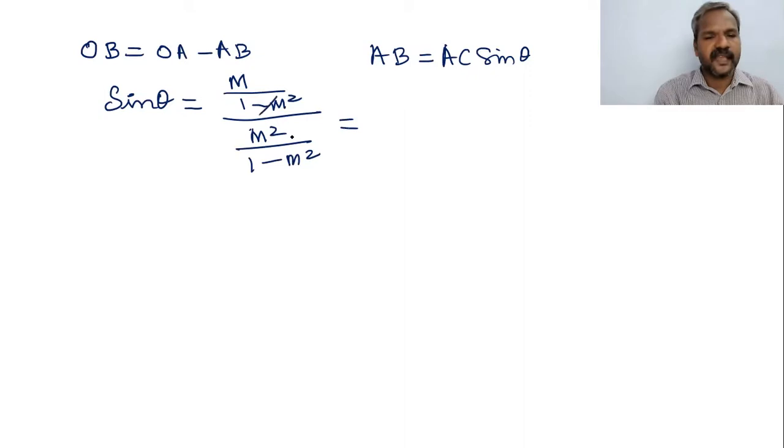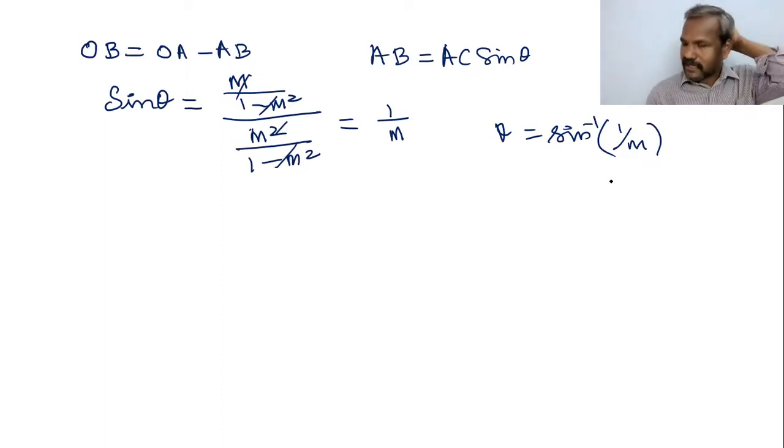Almost this cancels, this cancels, so we get 1 by m. So sine theta equals 1 by m, and theta equals sine inverse of 1 by m. If you know the m value, you can easily determine the value of theta. This is one step. Then we find the OB.